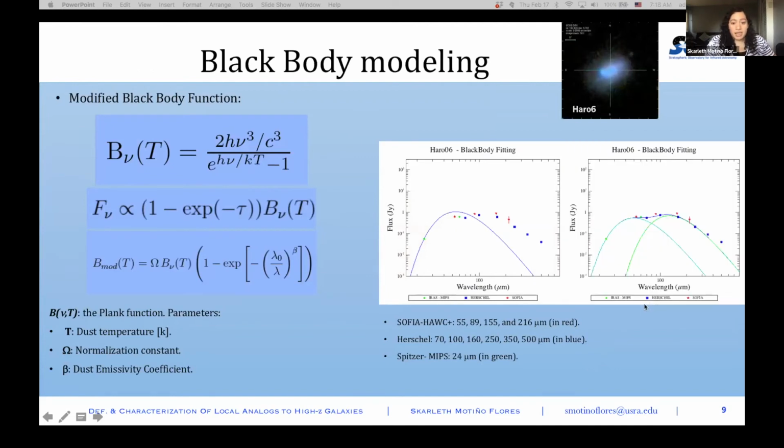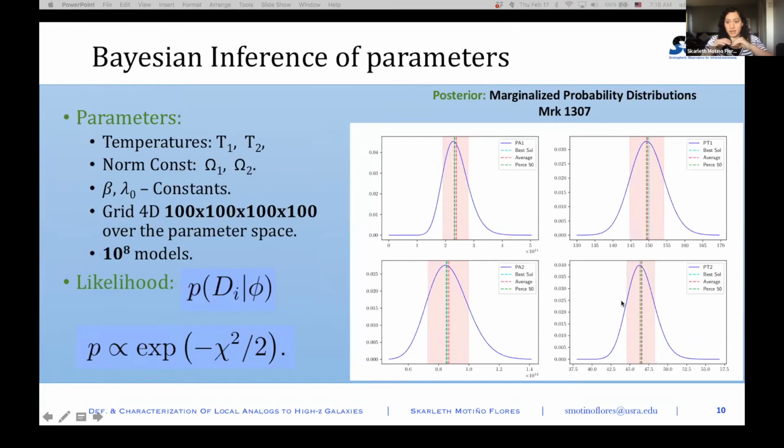So for doing that, we're using a black body model to find the dust continuum. We're using two components because a single component was not a good fit. The model is basically the addition of the two black body components. We're using Bayesian inference of parameters to define the best models.